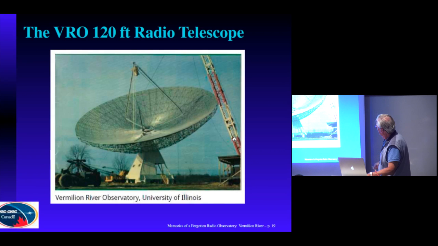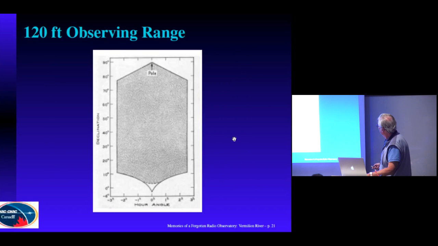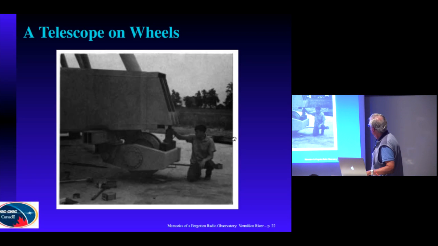I would argue that one of the things which really made it not very useful was that it had very limited coverage, plus or minus 2.5 hours in hour angle. And you could only really go down to about 7 degrees declination or so, which made it not very useful for studying stuff near the galactic center, which was really important during the late 60s, early 70s, when, as was mentioned in one of the talks earlier, everybody wanted to discover interstellar molecules and get press releases about origin of life and this sort of thing.